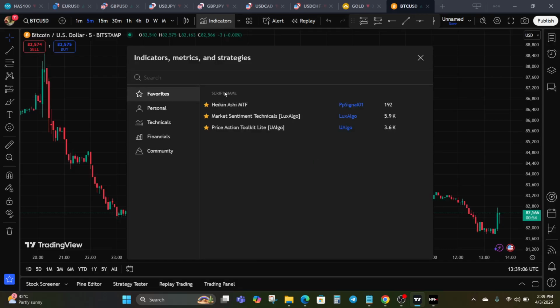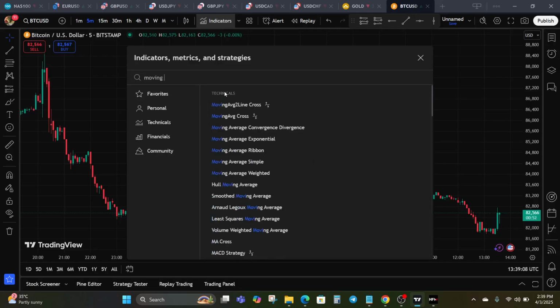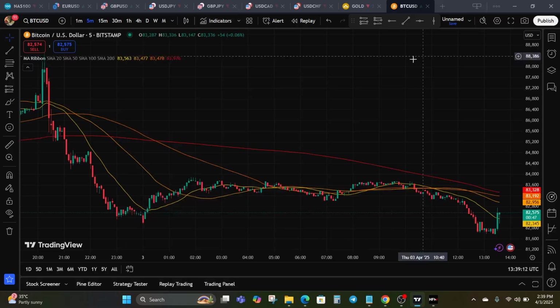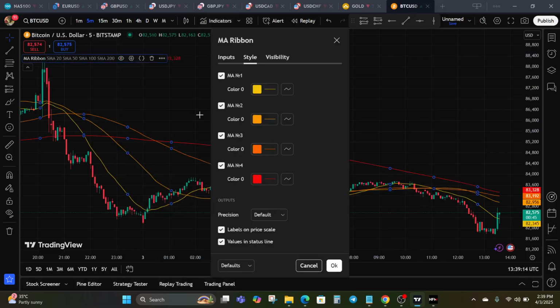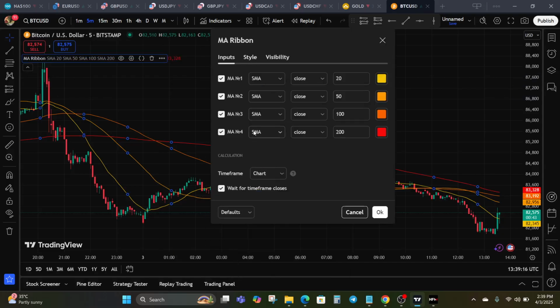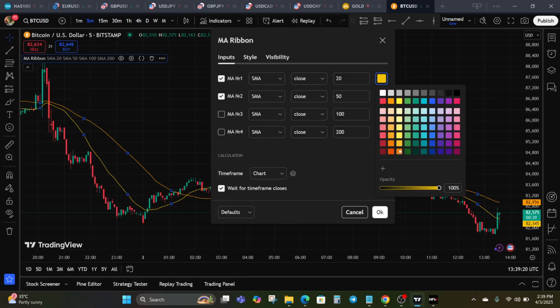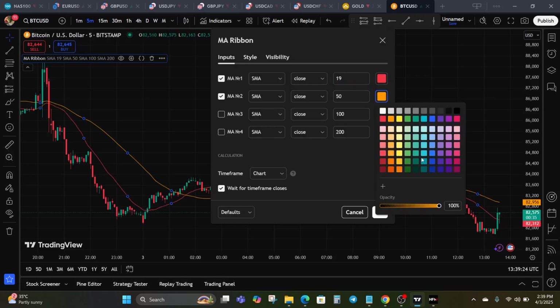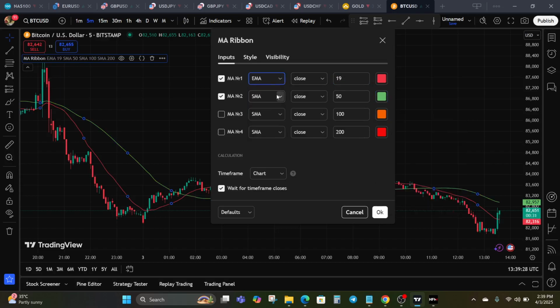So I'm going to start by adding the exponential moving average. I'm just going to use the ribbon and then set the particular ones that I want to use. Okay, we're going to be using the EMAs.